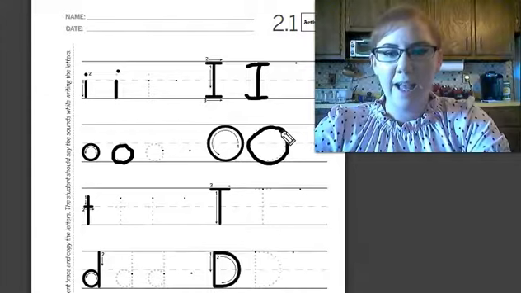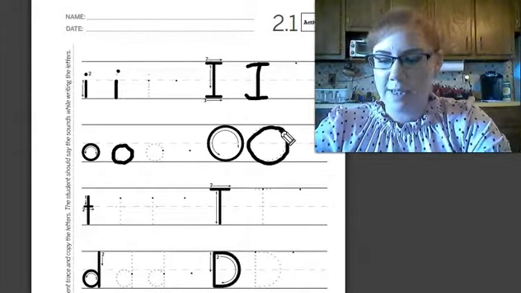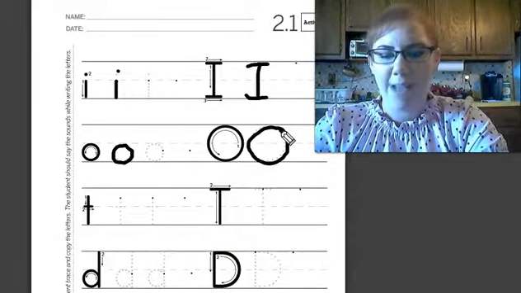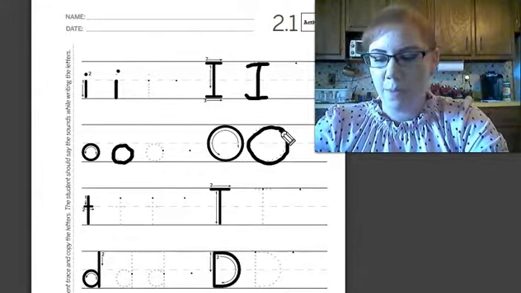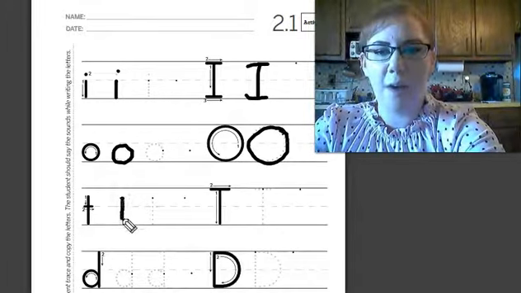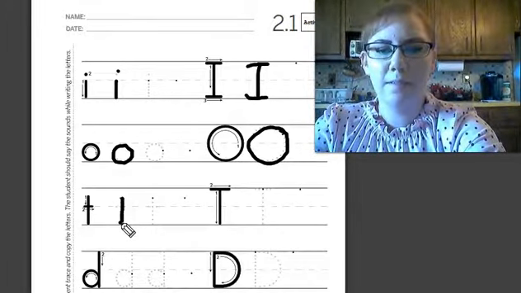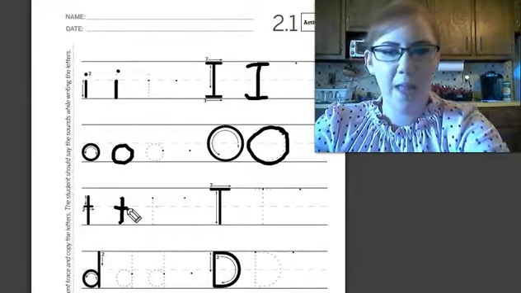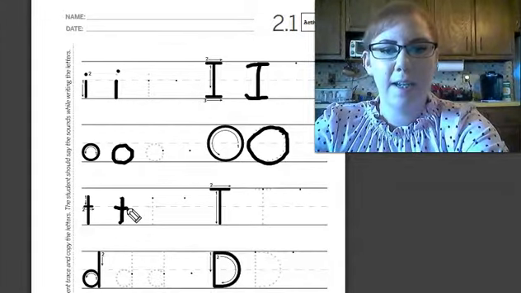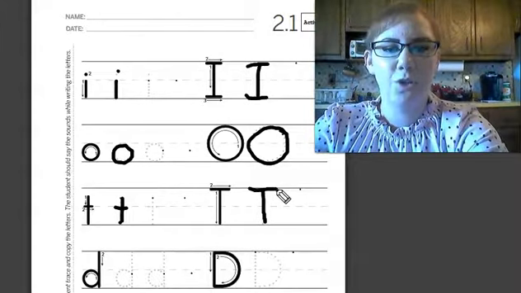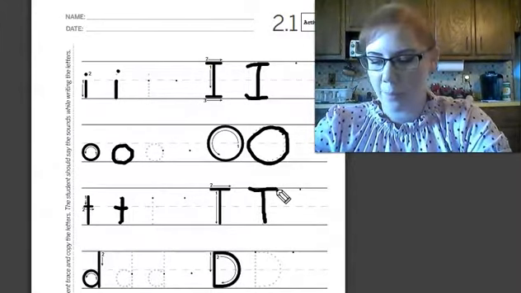Next, we have T, or the sound T, T. We want to draw between the top line and the middle dotted line down to the bottom. Not quite all the way to the top. And then a short line across. The capital T is a long line down and then a short line across the top.